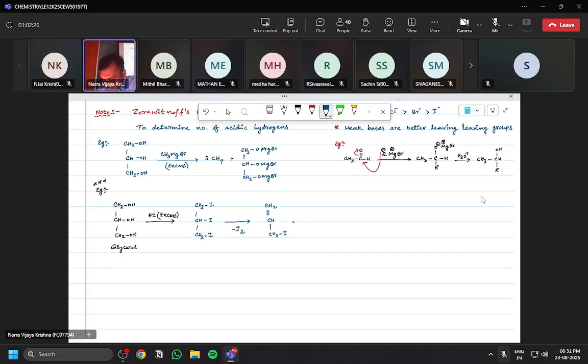Now this will react with HI again. First H plus will attack the alkene, an addition reaction. You will get a secondary carbocation. Then I minus will come there. So the product becomes CH3-CHI-CH2I. Again two adjacent iodines are there, so again I2 is gone.